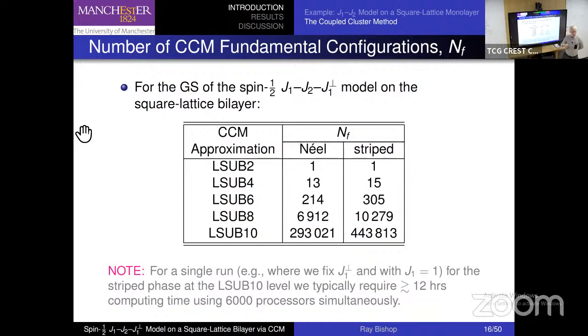For the stripe state, you've got 15. That's bloody hard work to do by hand. L sub 6, it's gone up very considerably. By the time you've got to L sub 10, you're at 500,000 configurations. This number is going up exponentially. That's a shame, but there's nothing I can do about it.